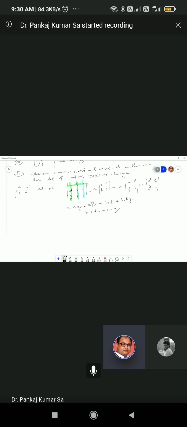We have how many elements here? 6 components are to be evaluated, and here we have 2 components to be evaluated.